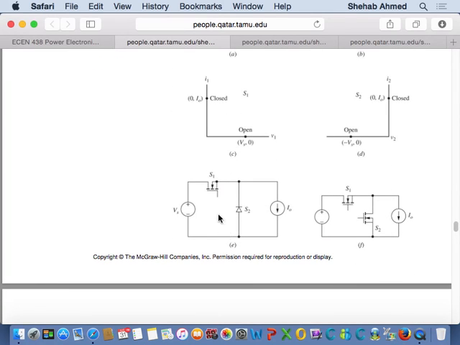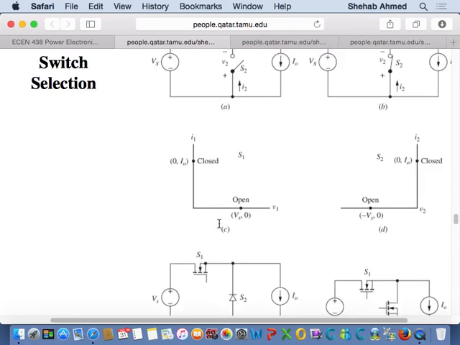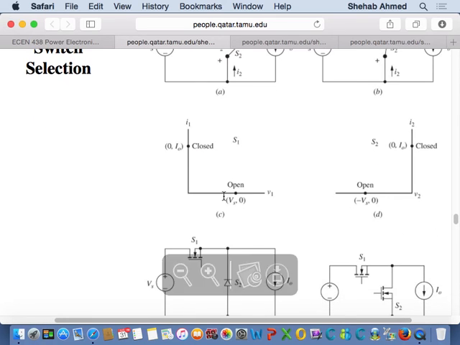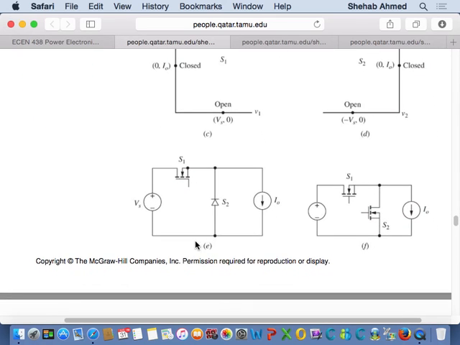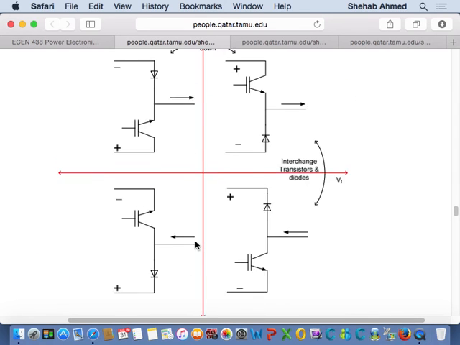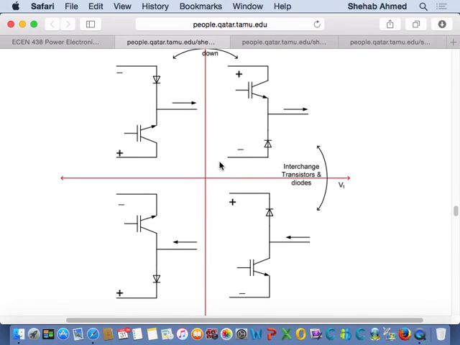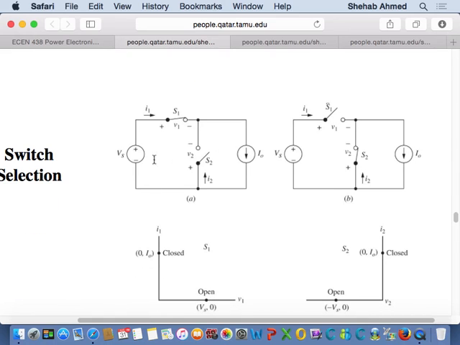I will explain this next time, but you see the logic. We went through the circuit, looked at the operating conditions, and selected the devices that can fit. Or you can use my nice cheat sheet. What do I have on my left-hand side? Vs is positive to negative, positive here, negative here, and current is coming out.